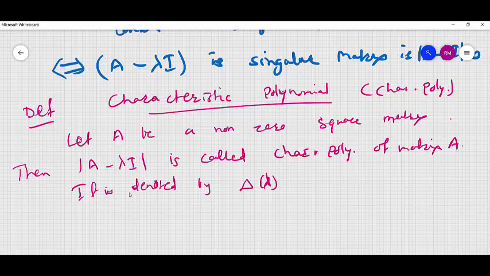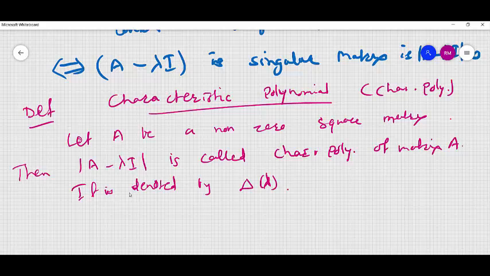The entries in A we already know, these are constant. Entries in I are 1 0 0 like that. So that is a function of lambda, so that polynomial is a polynomial of lambda. So it is denoted by triangle of lambda.